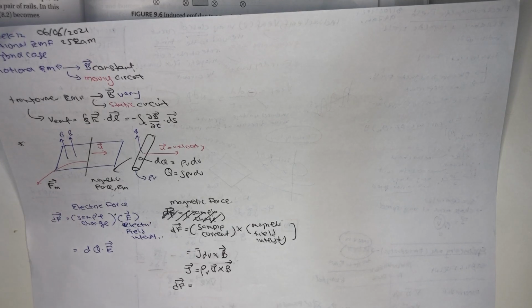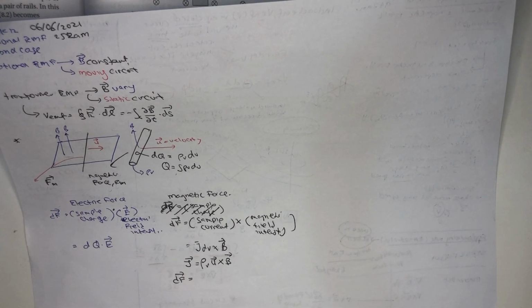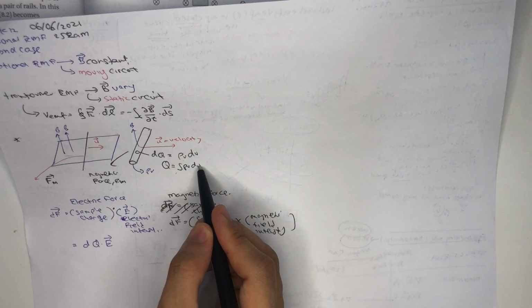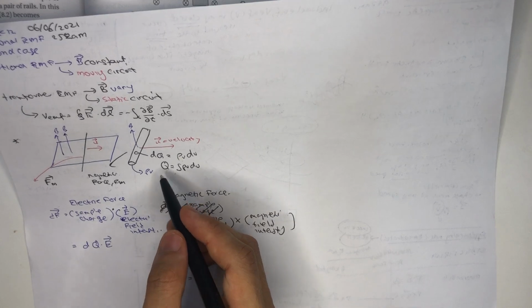And you see rho V dV is actually equal to Q. So you see here, right?